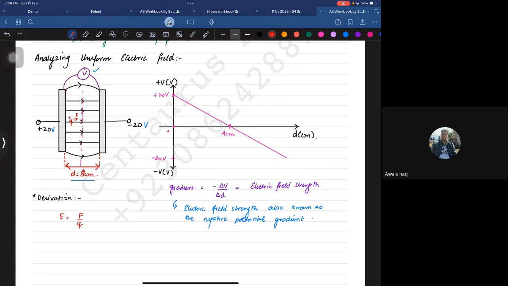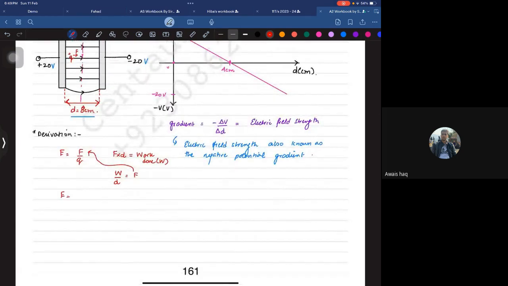So we can say that force times displacement is equal to work done, let's call this W. So what we can do is put work done over distance moved equals force. We're going to replace this from this one. This will give us work done over Q times d.